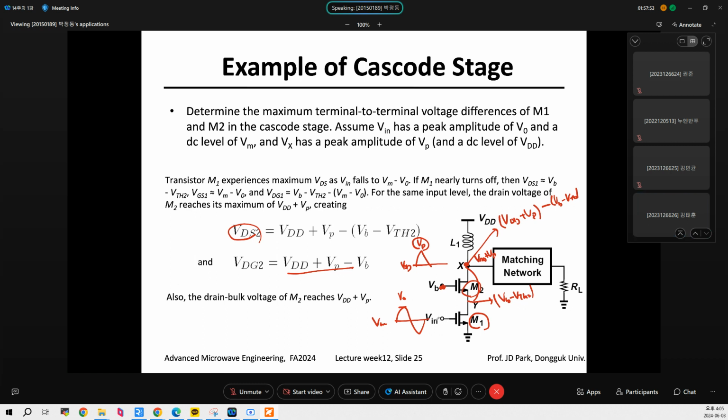I already mentioned it. This is Vout, so this is VM plus Vout, and this is VB minus V threshold 2. So VDG is VB minus V threshold 2 minus VM plus Vout.